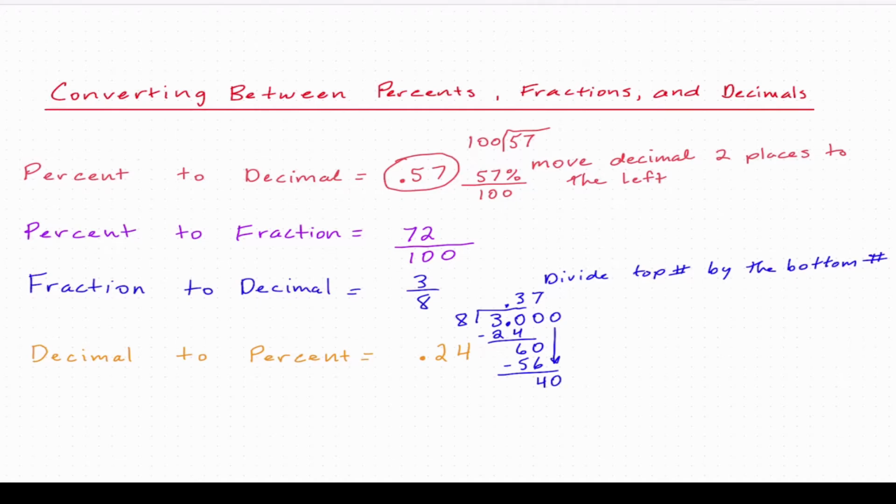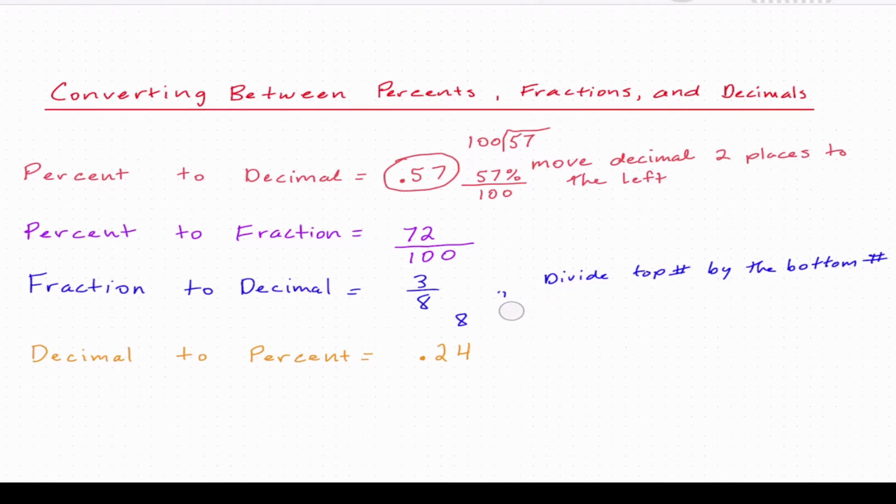How many times can 8 go into 40? 5. 8 times 5 is 40. So if we change that fraction to a decimal, it would be 0.375.